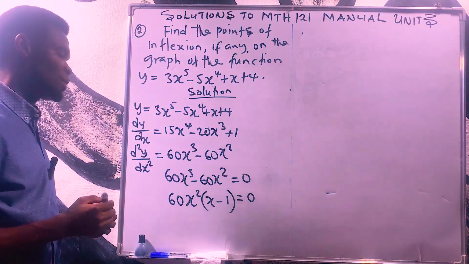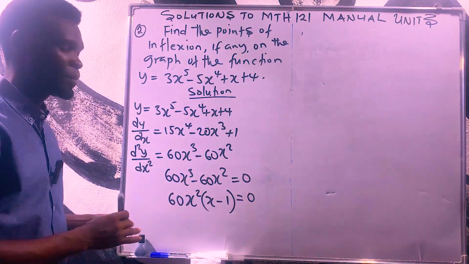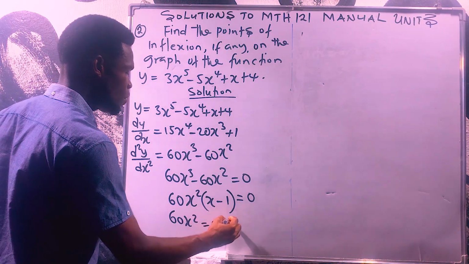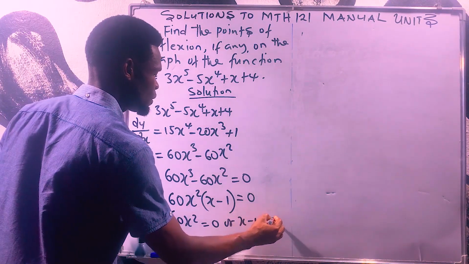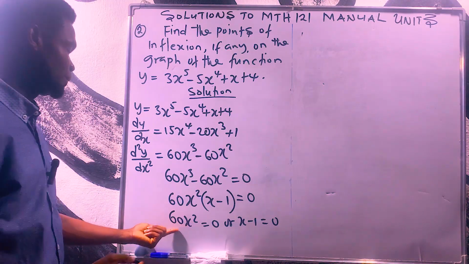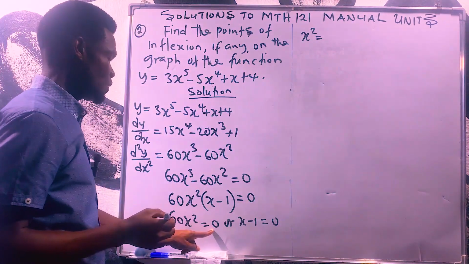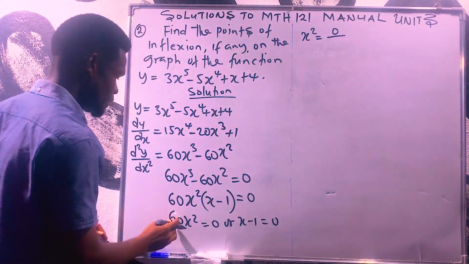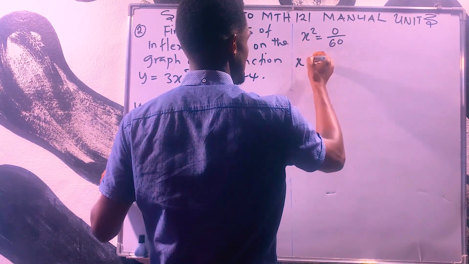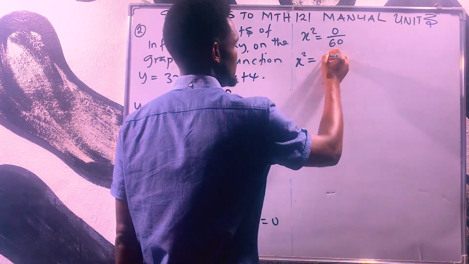Equals 0. From the study of quadratics, we said that when the product of two terms is equal to 0, it means either the first is equal to 0 or the second, x minus 1, is equal to 0. So from here, we can find the value of x. That means x squared is equal to 0 divided by 60, which is 0.